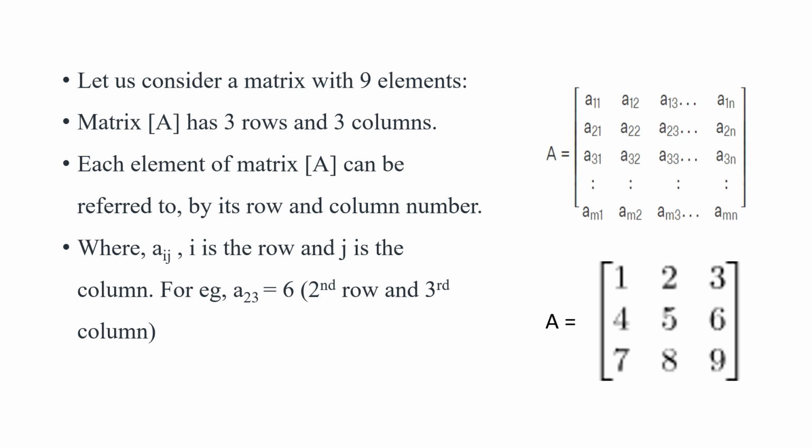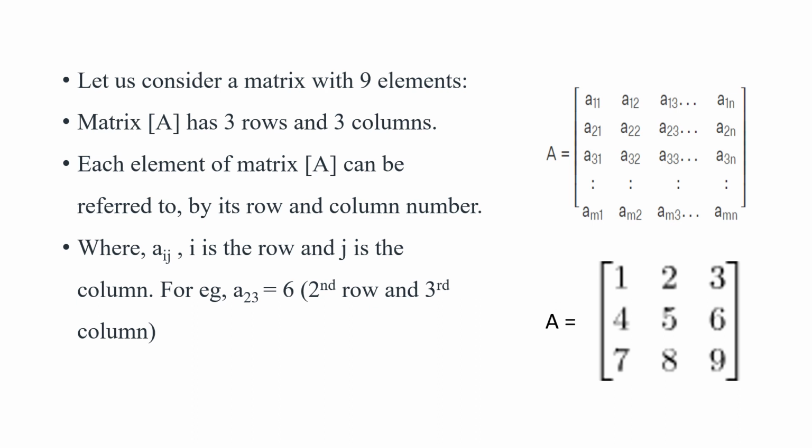In this case, small a i j, where i is the number of rows and j is the number of columns. Here, for example, we have considered a 3 by 3 matrix.